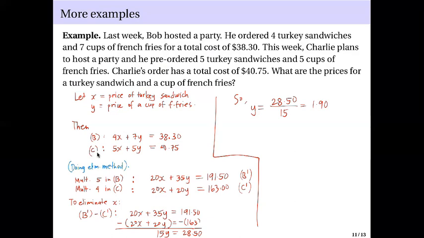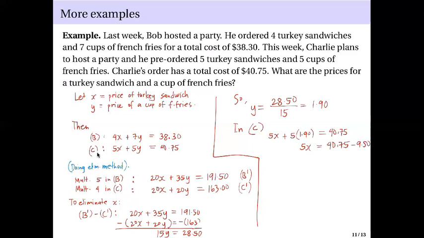In equation C, we will have 5x plus 5y, but y is 1.90, and this should be equal to 40.75. So we will have 5x equals 40.75 minus 5 times 1.9, that's 9.50.